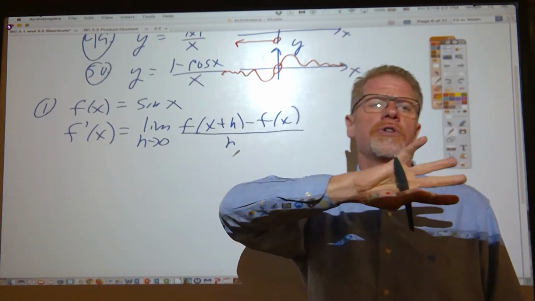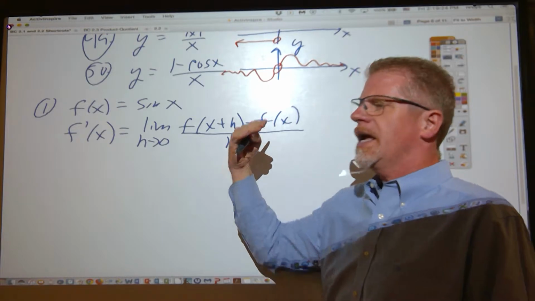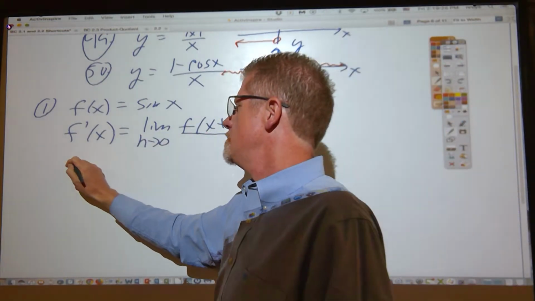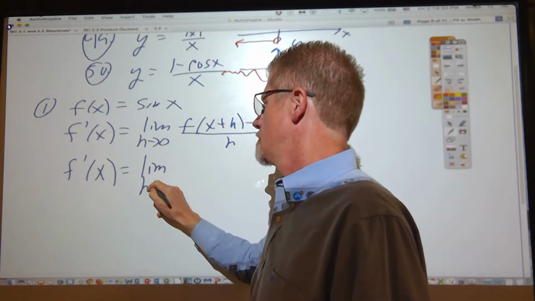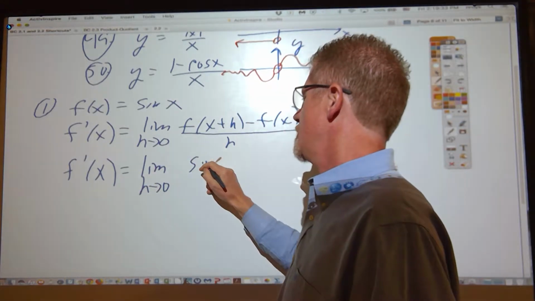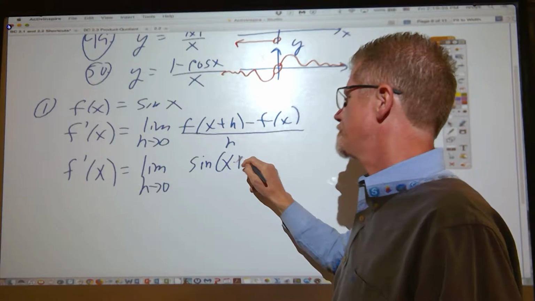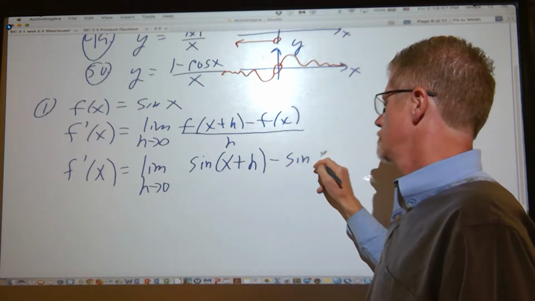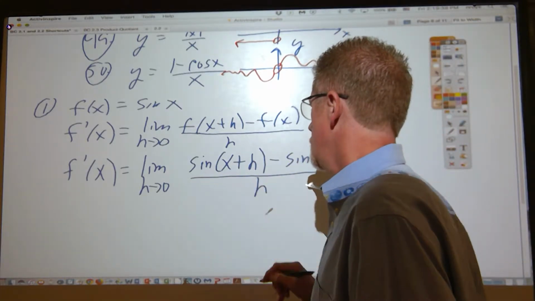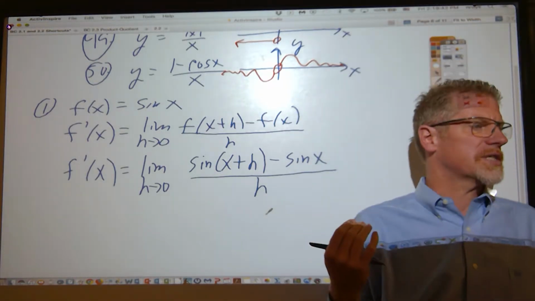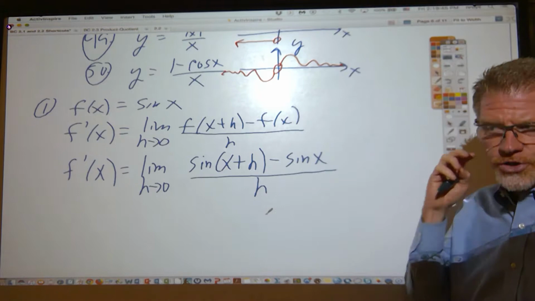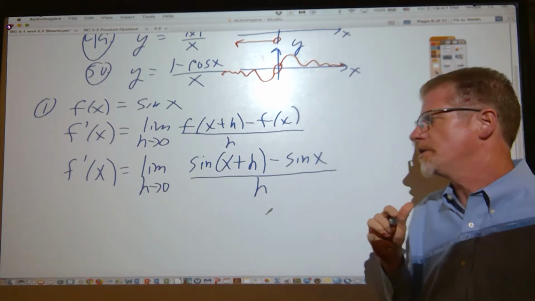Now, I'm not going to turn you loose completely, but would you try the next line on your own? Then when you're done, peek up here, see if we agree. There it is. I hope you have the sine of x plus h minus the sine of x all over h, taking the limit as h approaches 0.